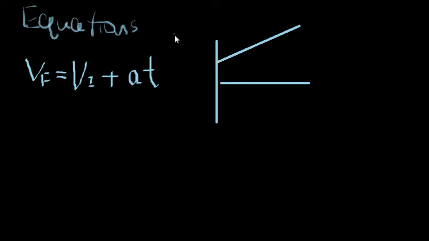So the velocity keeps on moving up. So clearly the final velocity right here is greater than the initial velocity. That's why you have to add AT. What is A? A is acceleration. What's acceleration? The rate at which the velocity is increasing. So A times T gives you this, and you add this and that, it gives you the final velocity. This is AT, and this is V initial.